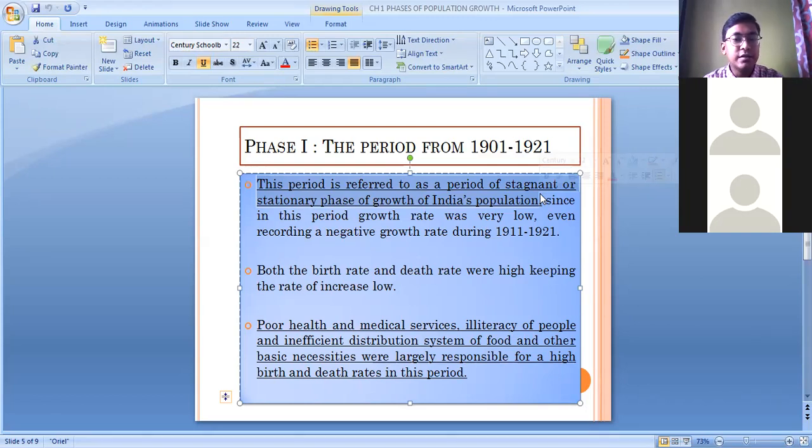This means that during this time, 1901 to 1921, the population of our country did not increase so much. Rather, the growth rate of the population was almost stagnant. Instead of increasing, the population remained stagnant at that period of time.